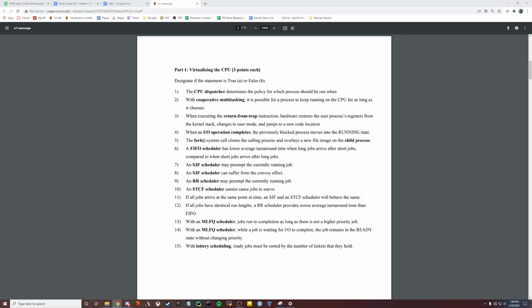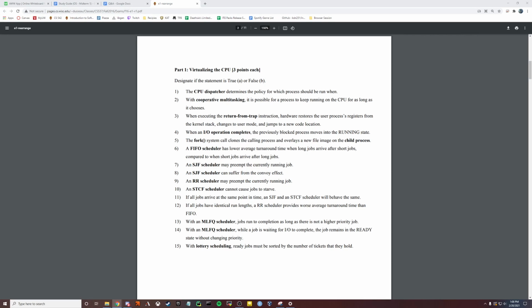Yeah, if you go to lecture 2, on slide 38, it talks about the dispatch mechanism. I think that's what they're referring to. OS runs dispatch loop. Yeah.